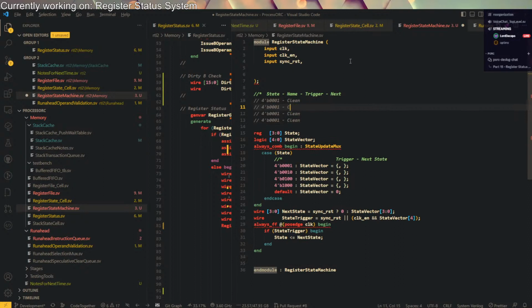Clean, let's go. Clean, dirty, soil. Name right. Editable?